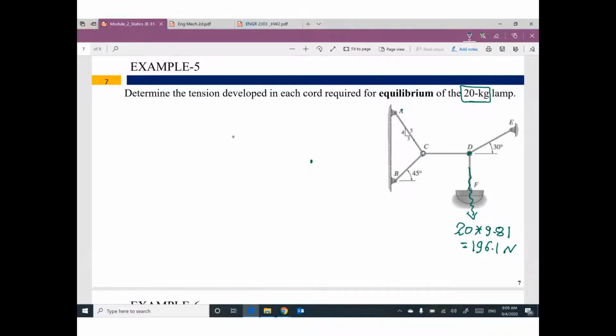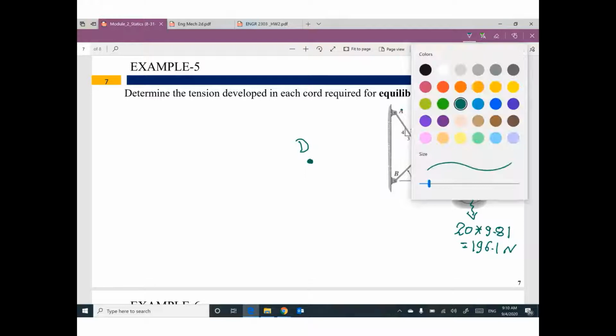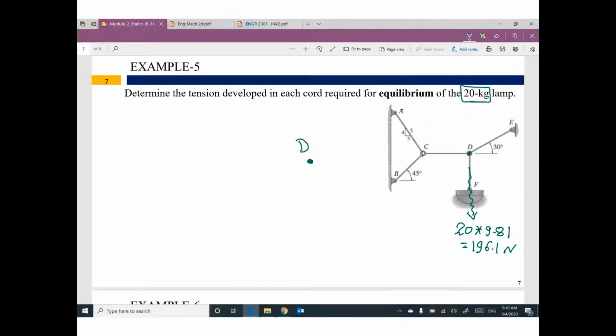We have joint D. Here is joint D. What do you have at joint D? Try to think. What do you have? We have vertical weight. How much? 196.1 Newton, the weight of the lamp.